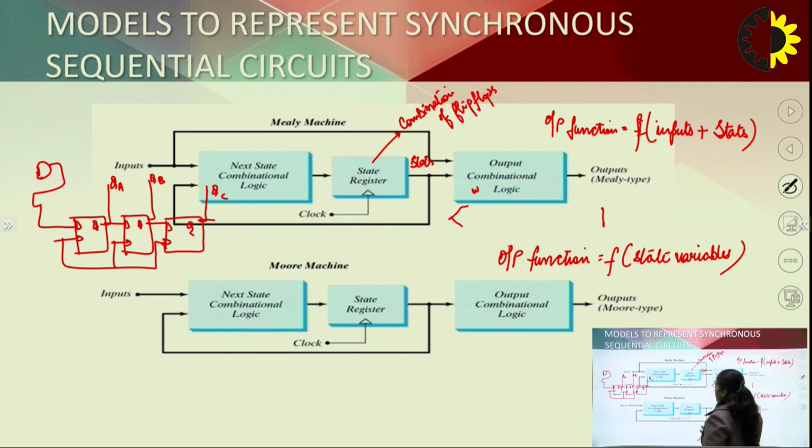So the basic difference between Mealy and Moore is in the output function: in a Mealy machine, the output function is dependent on the input as well as the states, whereas in a Moore machine, the output function is the function of only states.